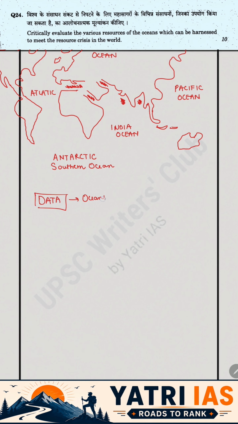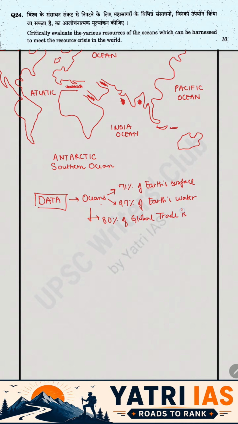Oceans cover 71% of Earth's surface, and oceans possess 97% of Earth's water, and around 80% of global trade worth trillions of rupees is transported by sea.